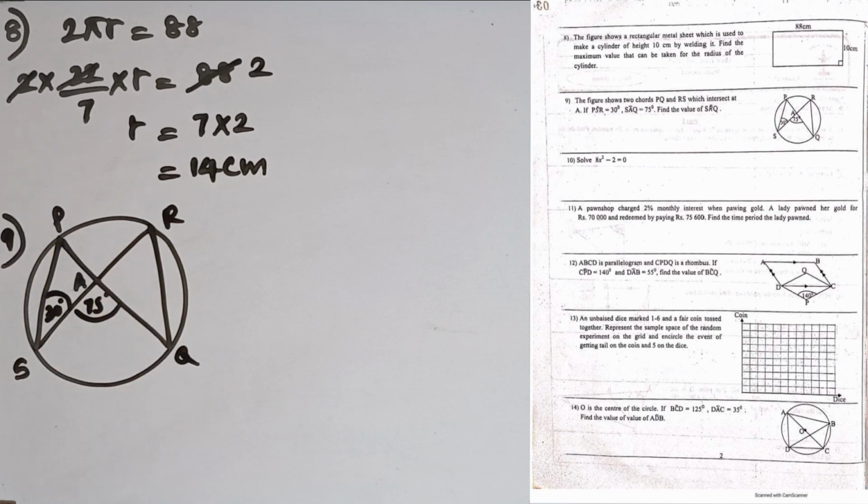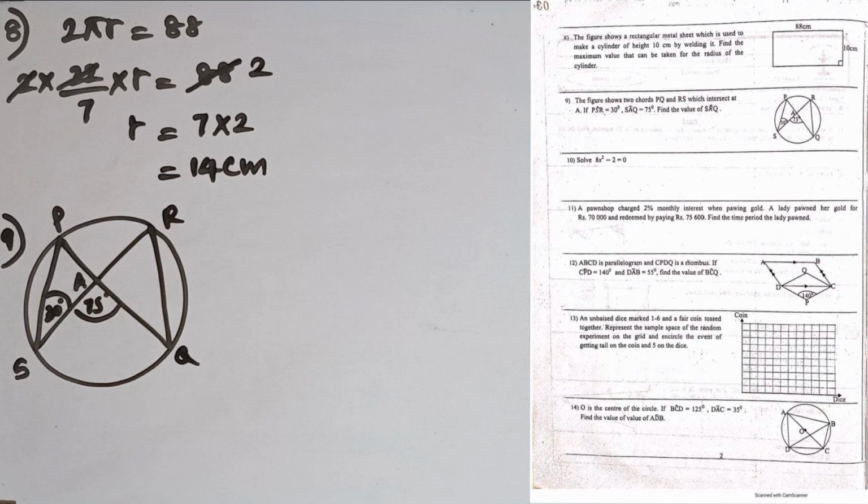The figure shows two chords PQ and RS which intersect at A. If PSR equals 30 degrees and SAQ equals 75 degrees, find the value of SRQ angle.